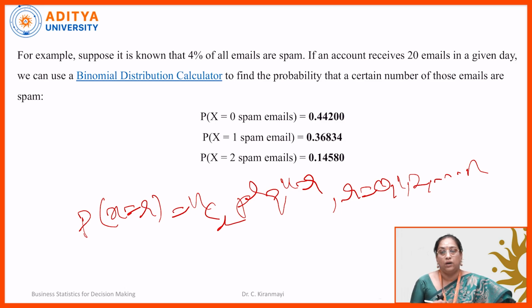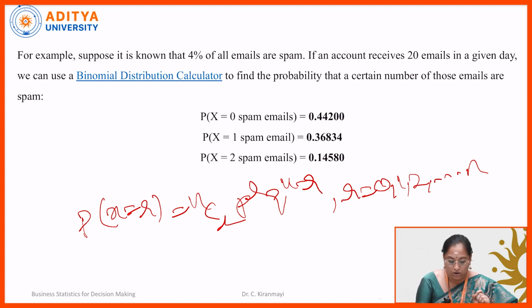In the previous lecture we have learnt that in binomial distribution, the outcomes should be two mutually exclusive outcomes. Here the mail may be a spam mail or a non-spam mail.